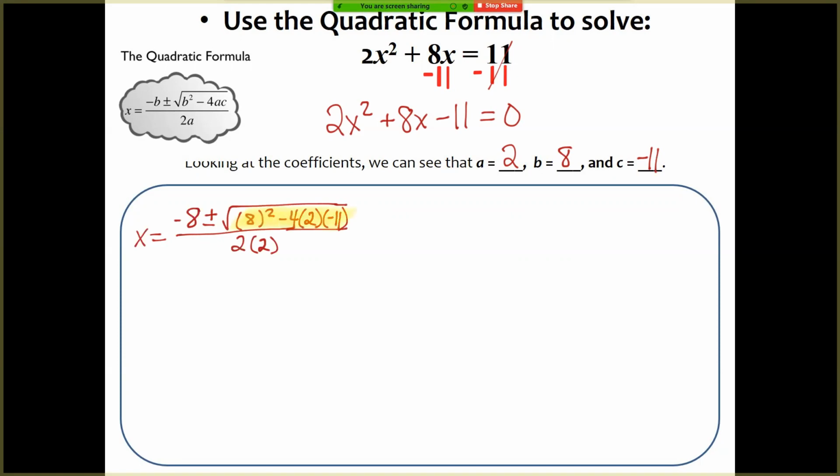So now, once I have that done, I'm going to type this highlighted portion into my calculator. When I type that into my calculator, I end up with 152 divided by 4. So now I'm going to take 152. It's not on my perfect squares list.